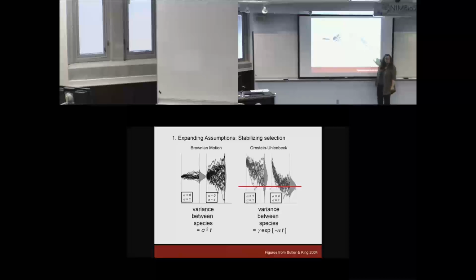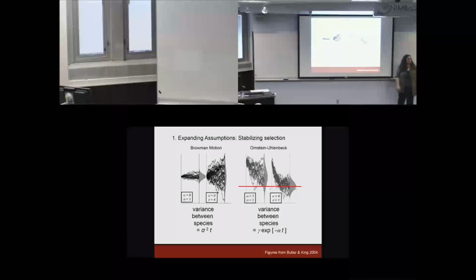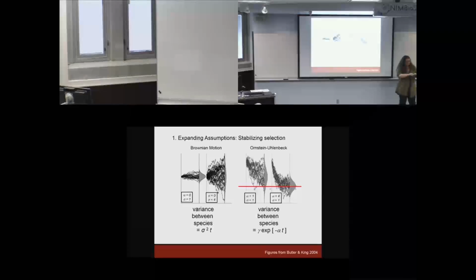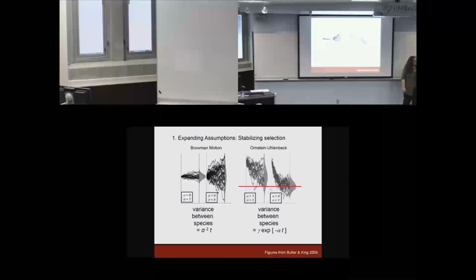So if it's already at the optimum, what would happen if you just continued this spread? So evolution continues, and some diversification happens, right? That diversification depends on the sigma parameter, right? And the alpha parameter will keep it from spreading further. Exactly. So it'll constrain it within a band, essentially.